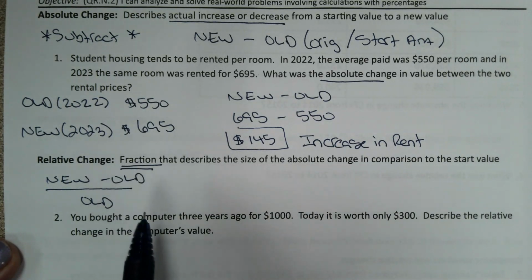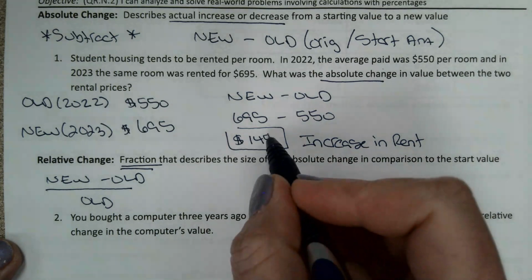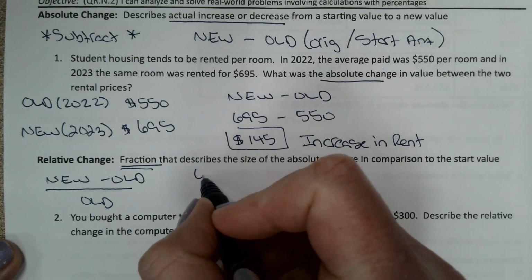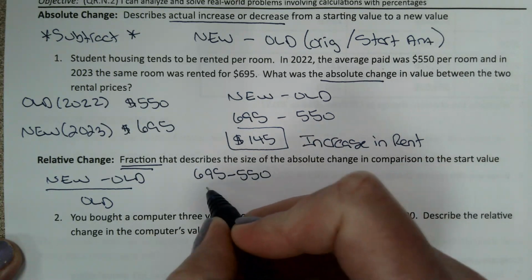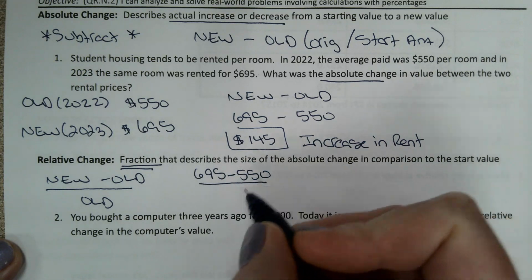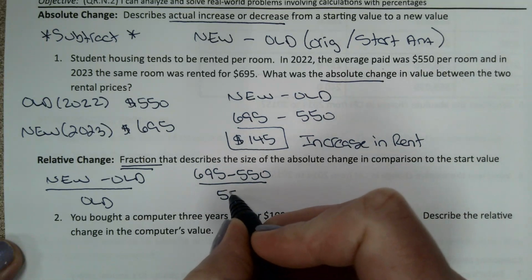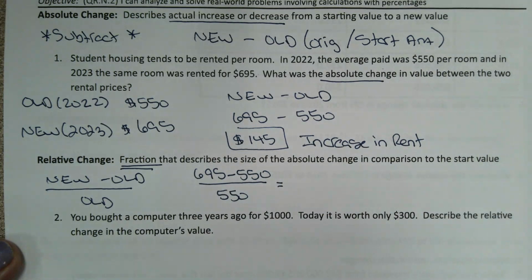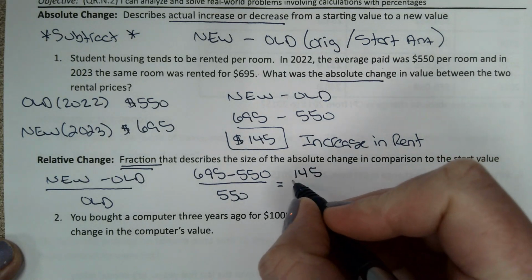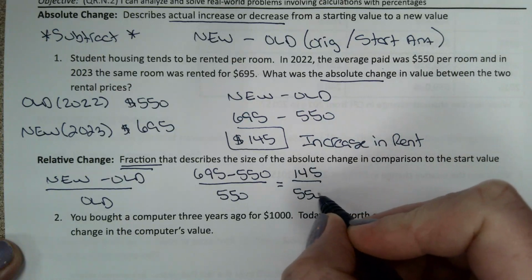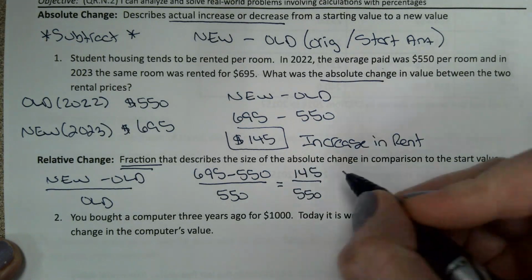So if I wanted to find the relative change in housing prices here, your new value is $695 minus your old value of $550 divided by your old value of $550. I already did the math. In the numerator, we have 145 divided by 550.